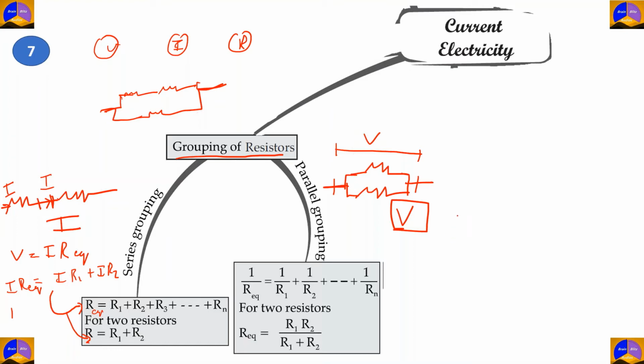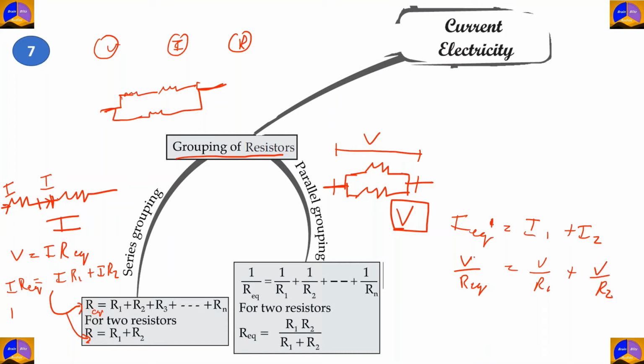So to find I equivalent, we will be summing up two currents, I1 and I2, and we use Ohm's law here. So I equivalent becomes V by R equivalent, which becomes V by R1 plus V by R2.